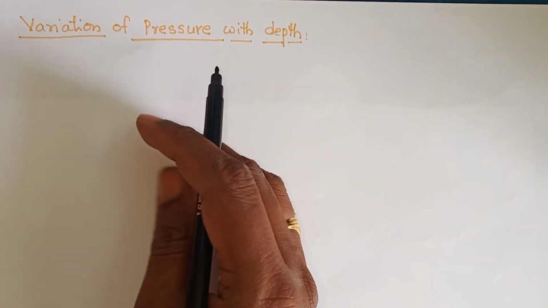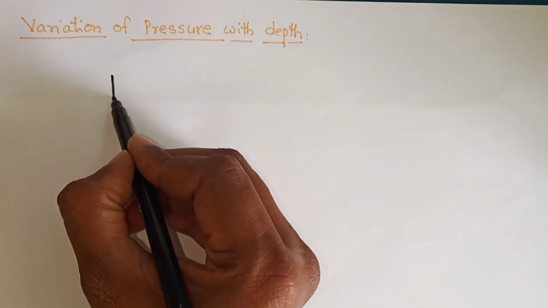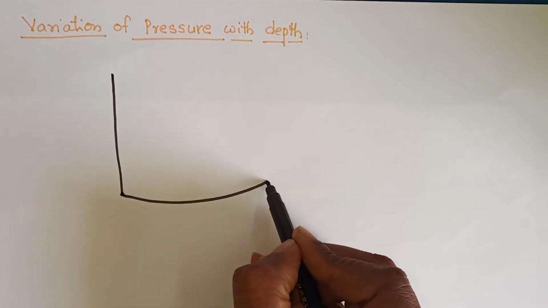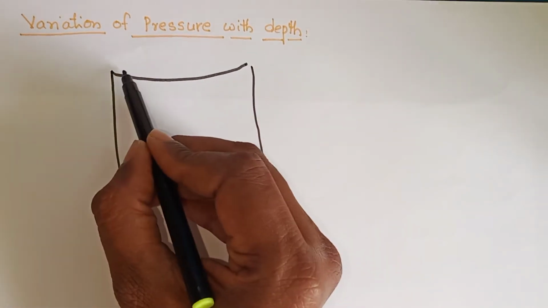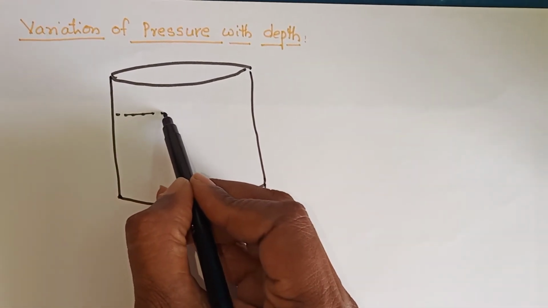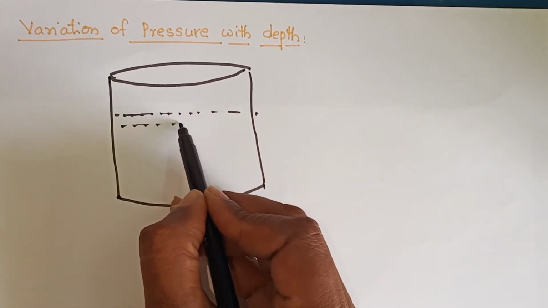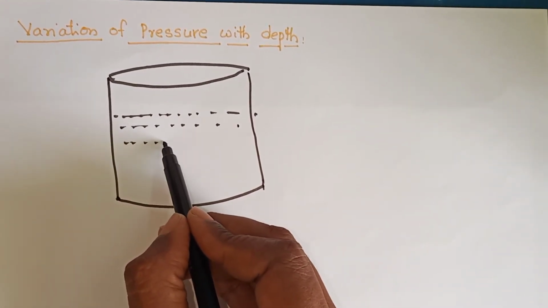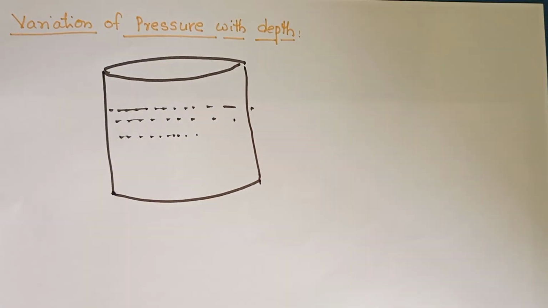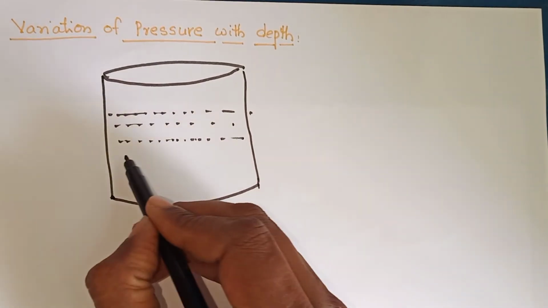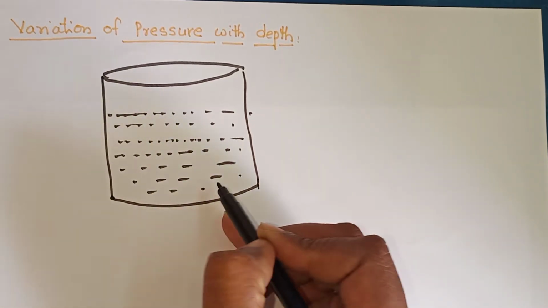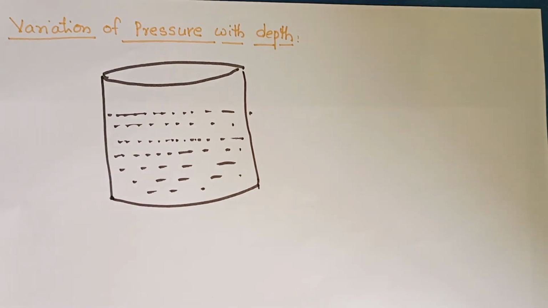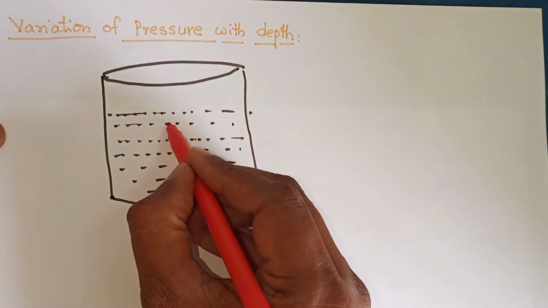For the variation of pressure with depth, we consider a long jar where water or a liquid is present with a density called rho. Now I consider a horizontal cylinder.